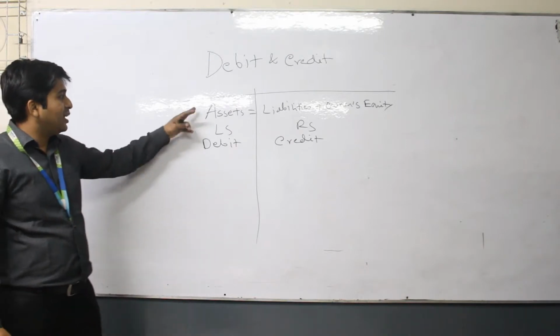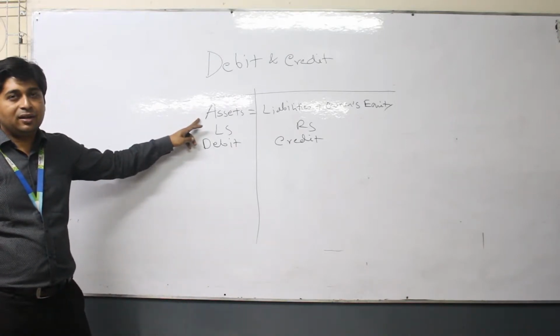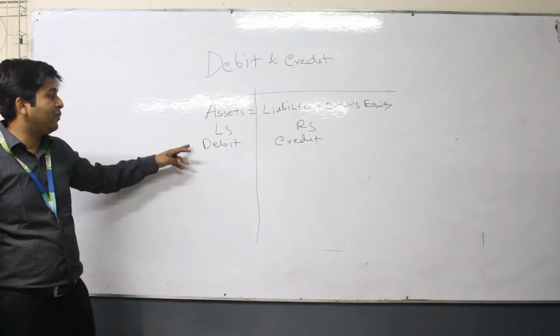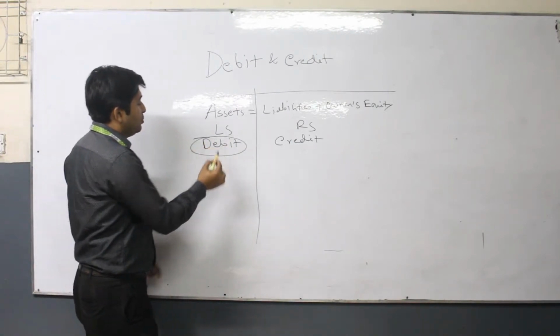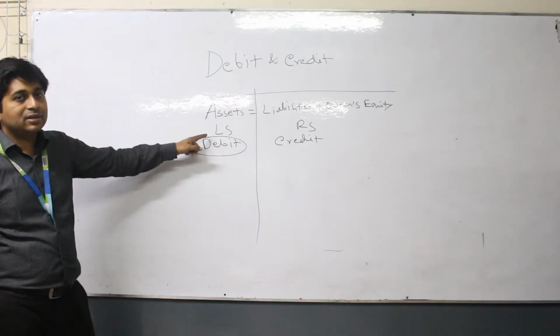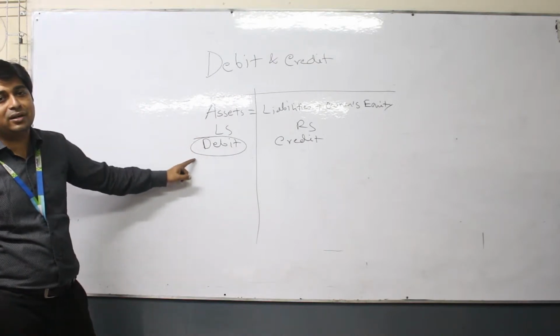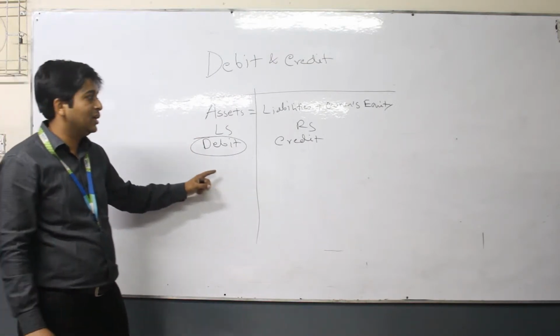So the basic signal of asset is debit. Why? Because it is situated on the left side of the accounting equation.